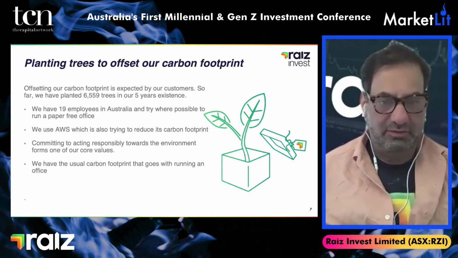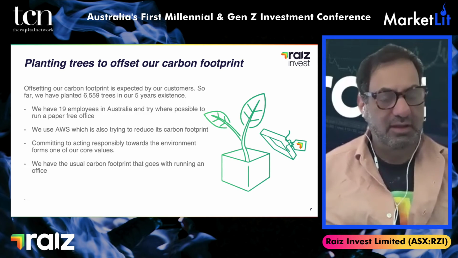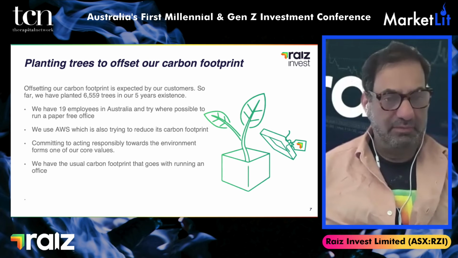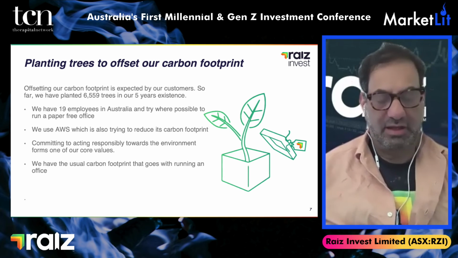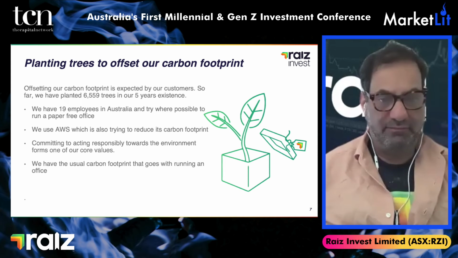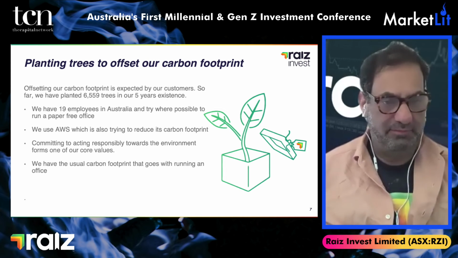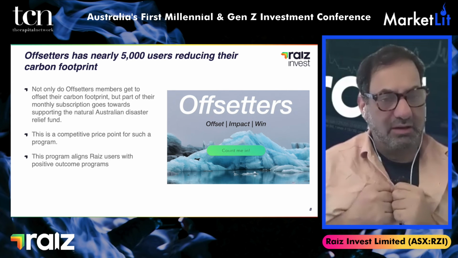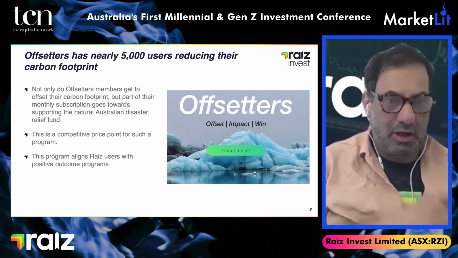And we continue to increase the number of trees that we're planting in Western Australia to reforest parts of Western Australia, and at the same time, remove carbon from the atmosphere and offset our carbon footprint.